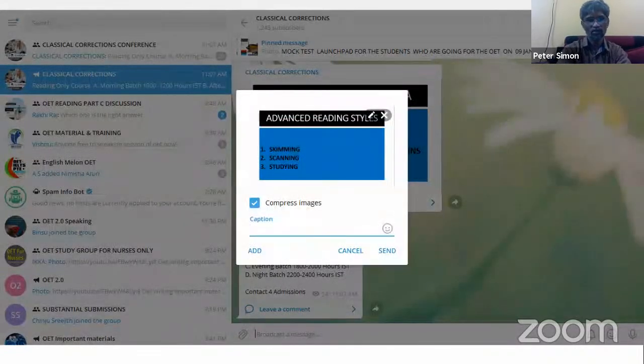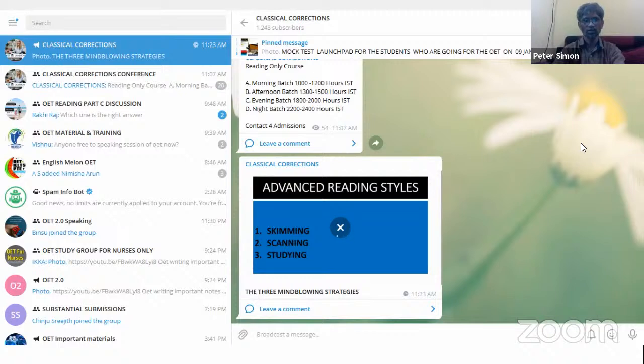So these are the three levels, the three strategies, you can say, the three mind-blowing strategies. Many people don't know what skimming is, first of all.